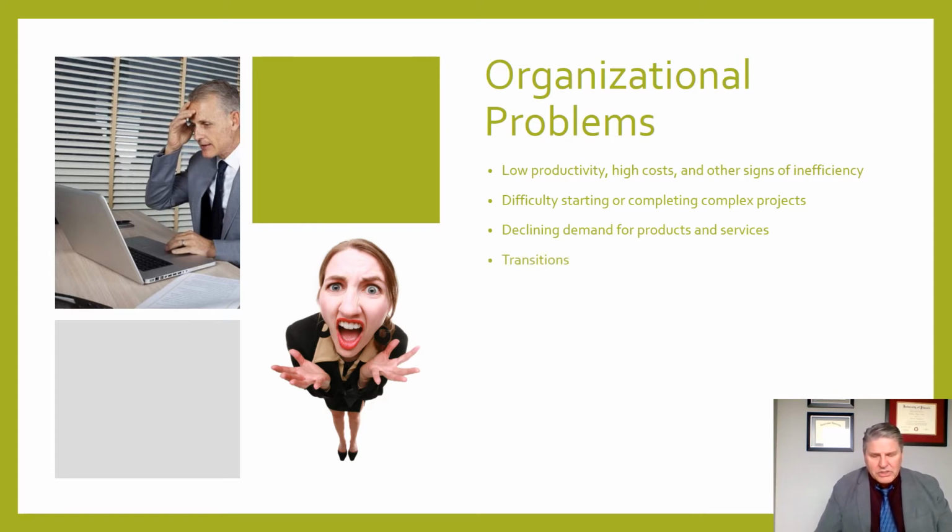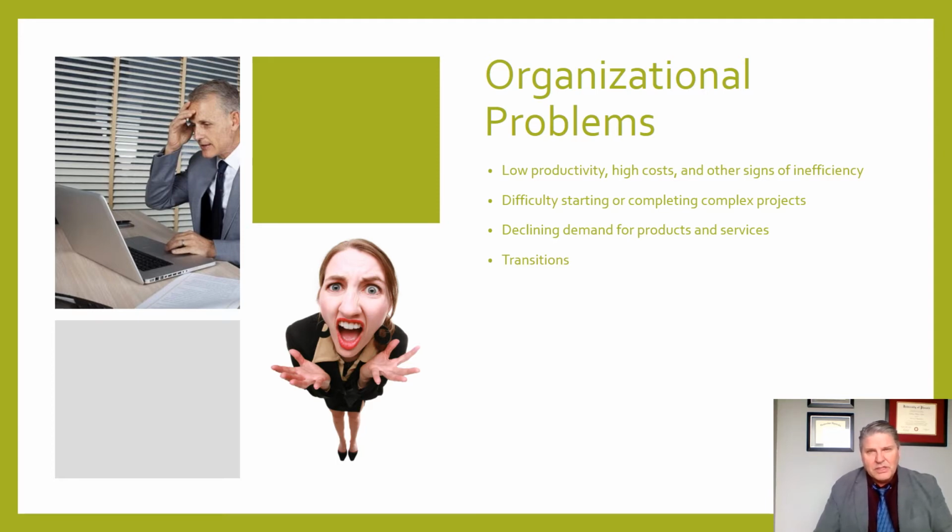Sometimes there's transitions. For instance, say you are a family-owned business and you're going to be taking this business into a more business-like atmosphere. How do you make those particular transitions? Or, as we talked about just previously, what if the way that you are selling your products, now you've got to make a transition into a different type of thing?